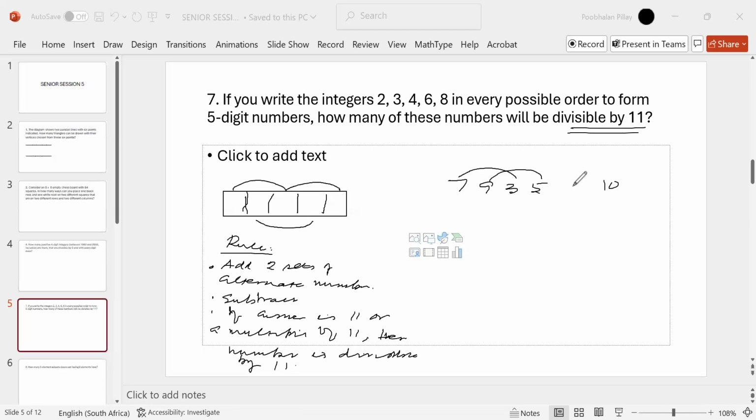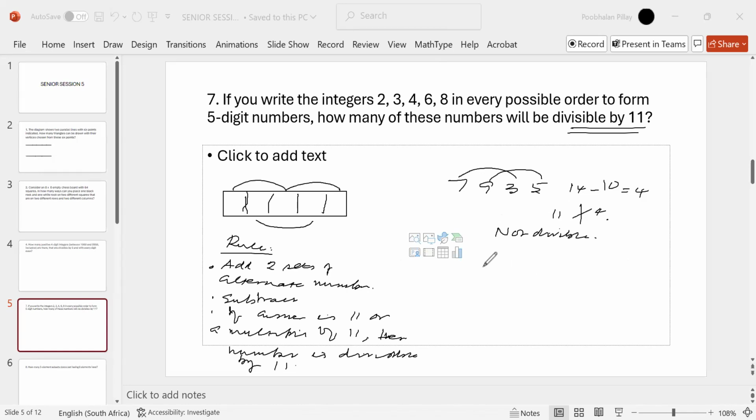Subtract them, taking the smaller from the larger. It's 4. This is not a multiple of 11. The way you write this down is 11 is not a factor of 4. So this number is not divisible, and if you try to divide by 11, you'll get a remainder.